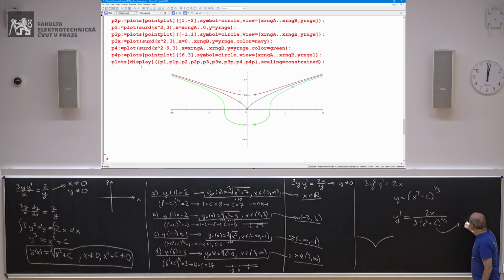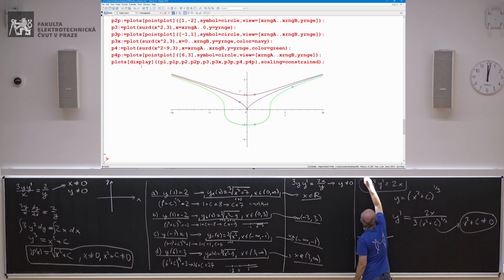The answer is the condition x squared plus c is not 0 actually describes the existence of the derivative. And because we do need the derivative, we still have to worry about this condition. We can never get rid of it, even though it's not visible here, and it's not visible here.